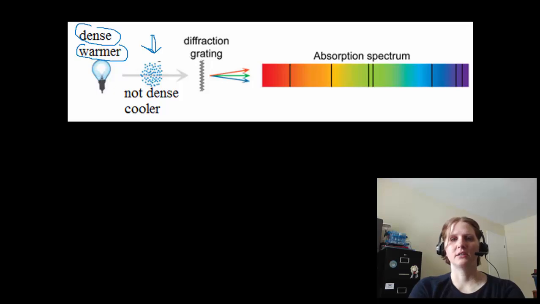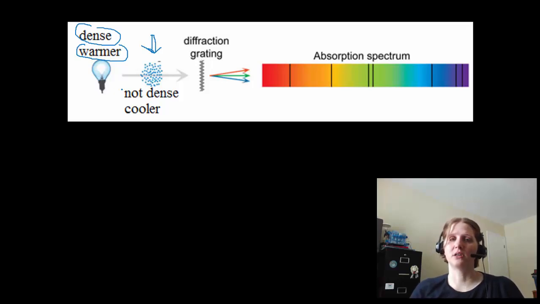Going back here a second, all stars show absorption spectras. All stars, because of the core of the sun. The core of the sun is dense and hot. The core of the sun gives off the background rainbow. But before the light can get away from the sun and get out into space and get to us to see it, it has to go through the sun's atmosphere.